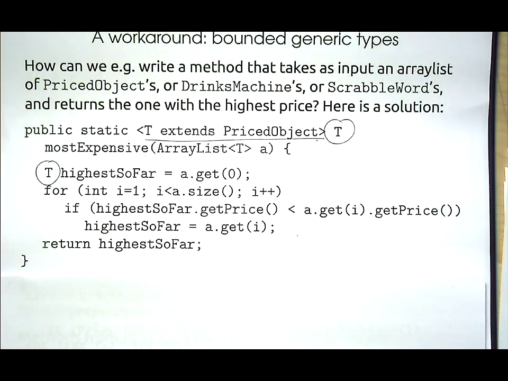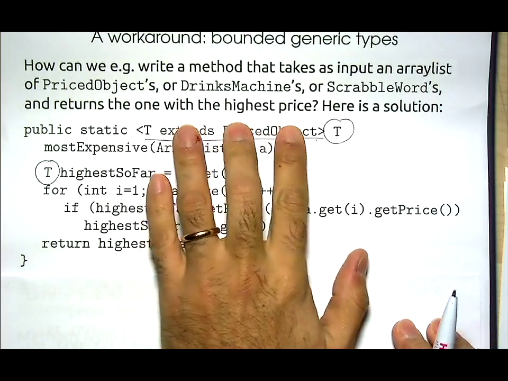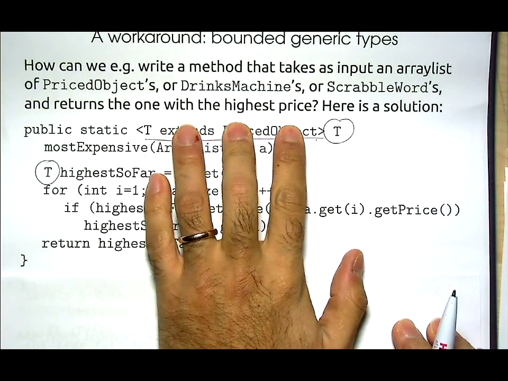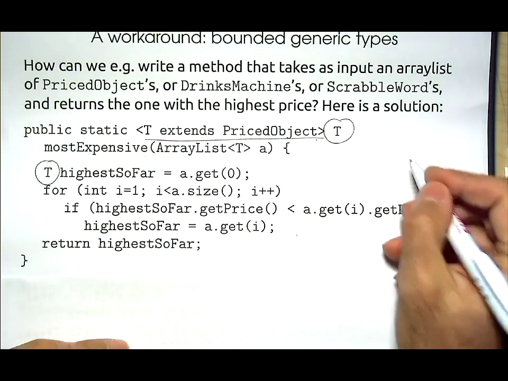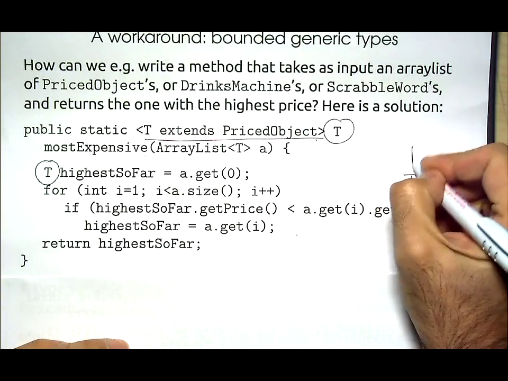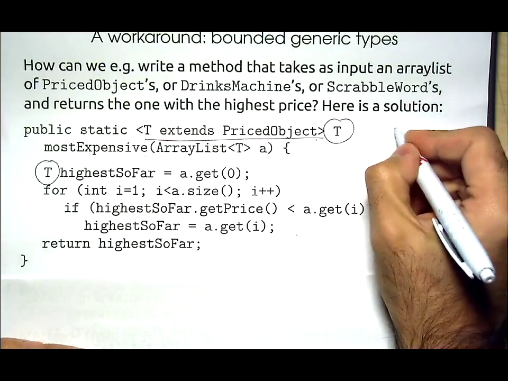This is very much like what we had seen before with writing generic methods, where you have just T here. You say T is a type variable, and this is my generic method. But actually, in this case, it is a type variable that is bound above. So whatever you give as T, it better be that T, in the subtype hierarchy, is below priced object.